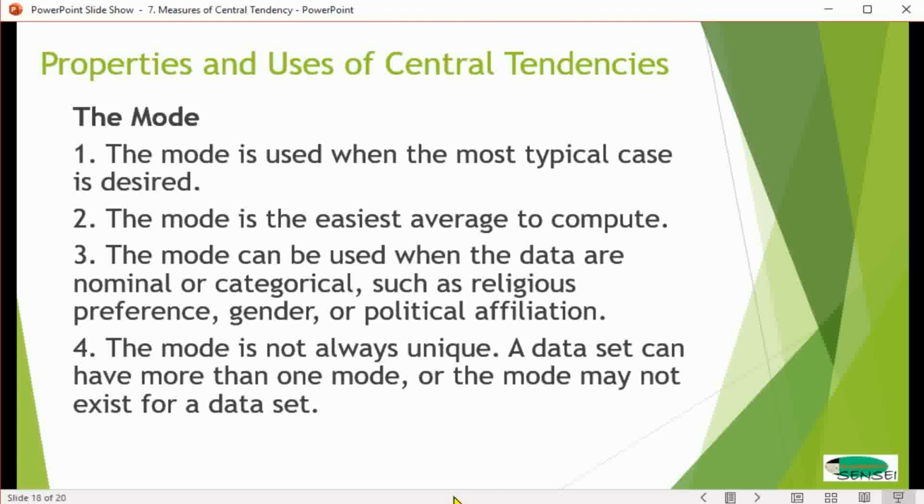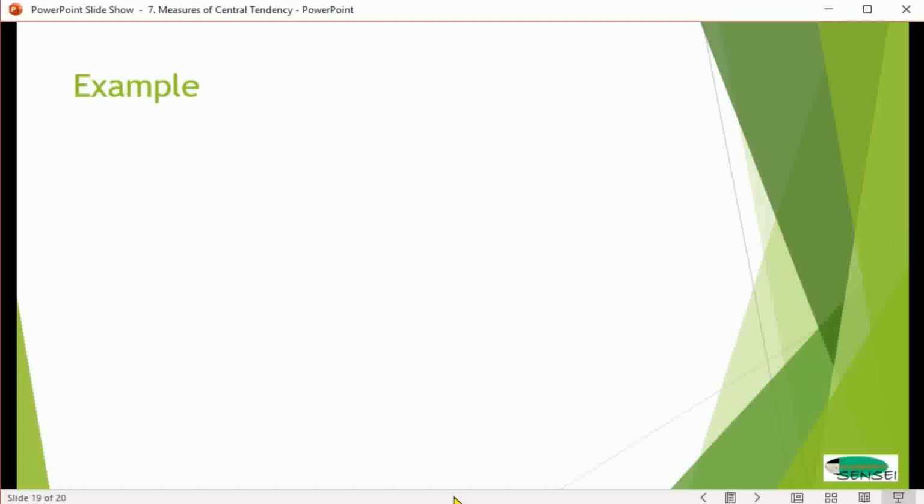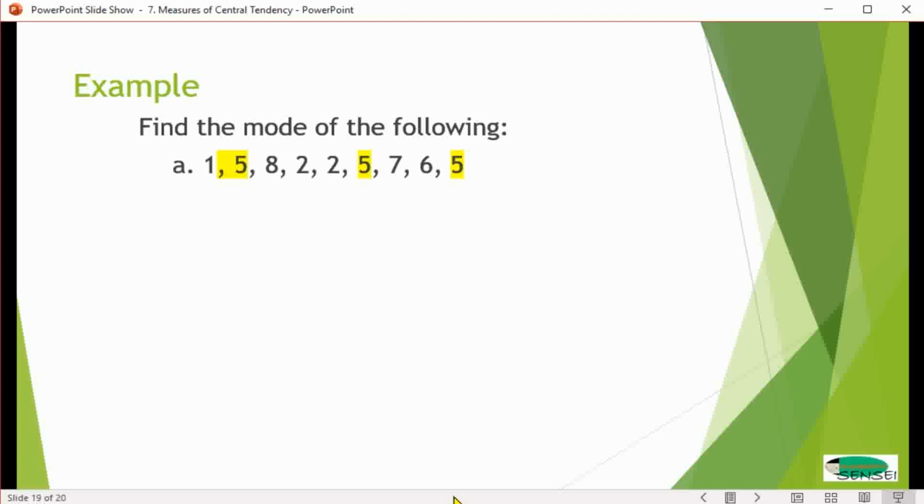But since you're just simply counting the value that is most repeated, then it's not affected by extreme values or outliers. For instance, this one, notice that 5 is the most repeated value here.